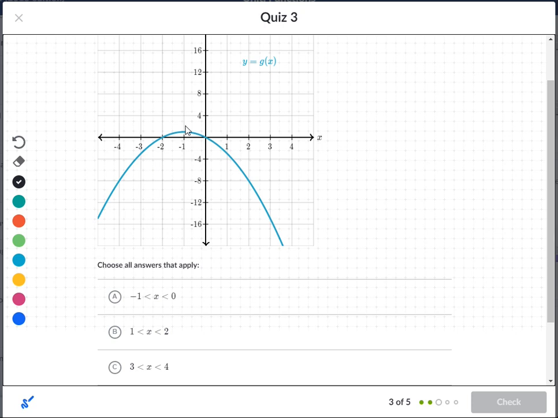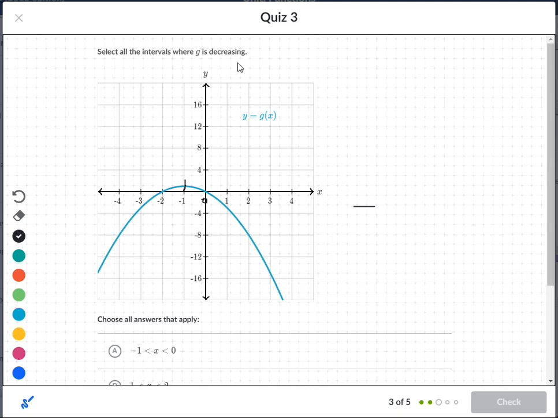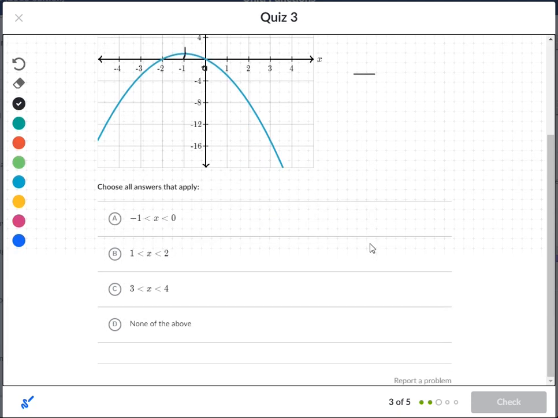So these intervals, everything is going down. So everything is going in a downward motion. So we want them all to be negative. Because it says decreasing, so we want all the intervals where, wherever it starts to wherever it ends, it goes down.